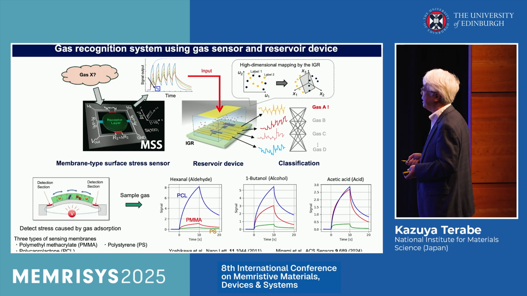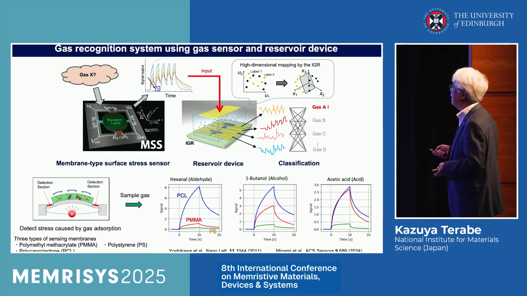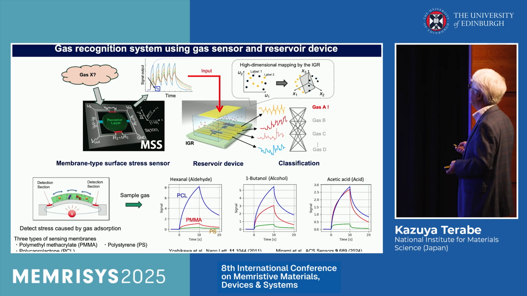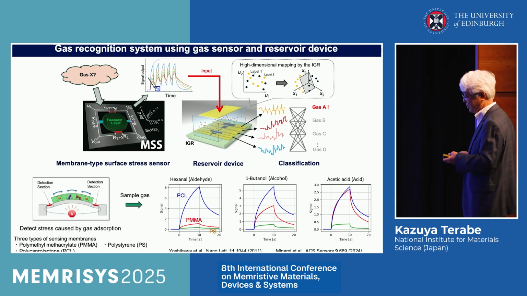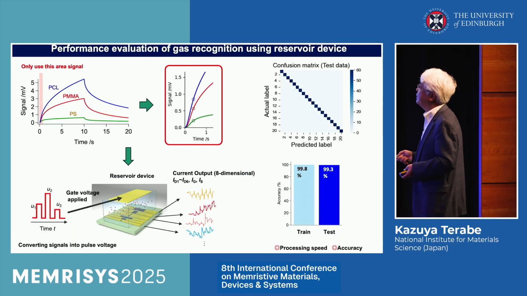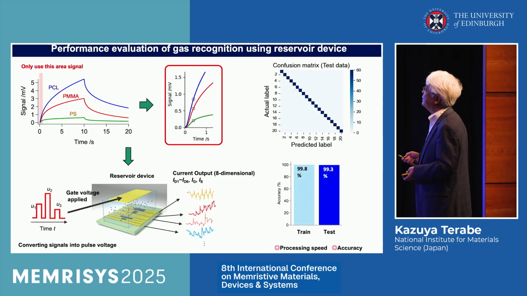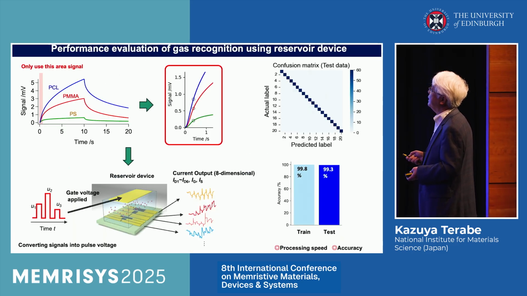In this case, there are 3 kinds of membrane material, for aldehyde, alcohol and acid gas, so we can obtain many kinds of output. This is the output signal, and we only use this area like this.